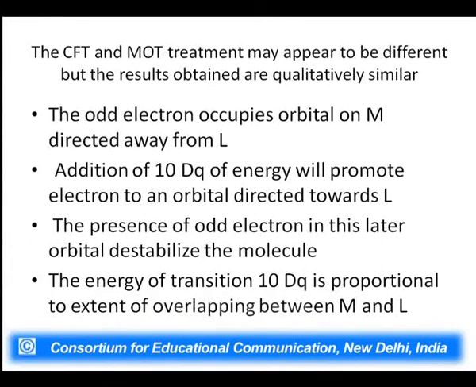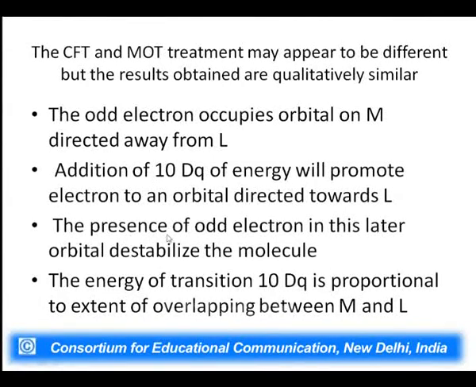And then we also have understood that the addition of 10 Dq value, or some amount of energy, can promote an electron from one of the orbitals which was directed away to one of the orbitals which is directed towards the ligand. This difference in energy can also be understood as 10 Dq, the energy which will allow the electron to shift from the orbitals which were away from the ligand to the orbitals which are towards the ligand.